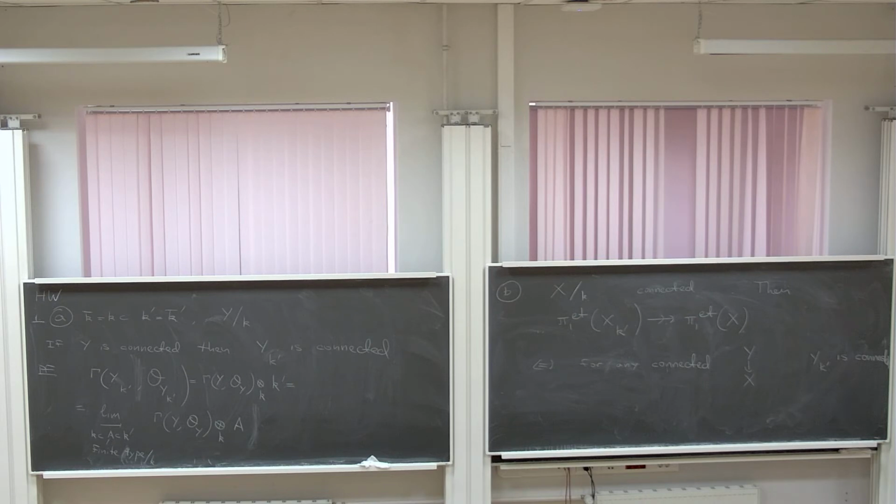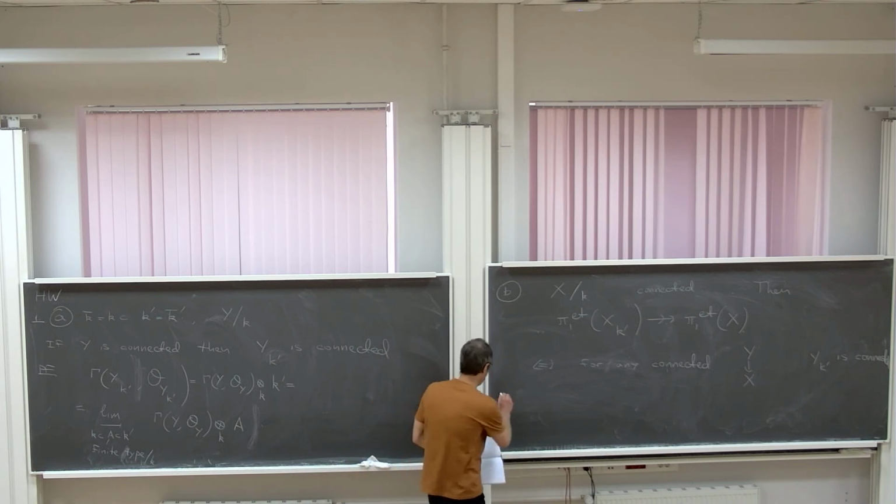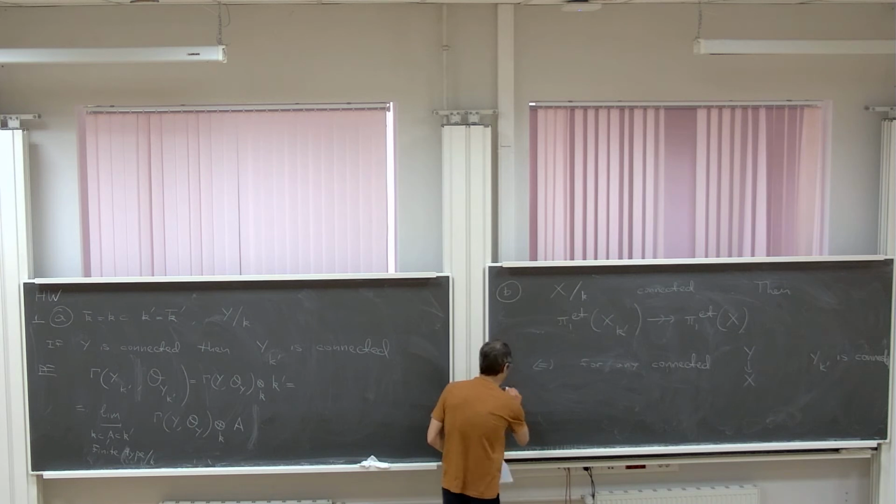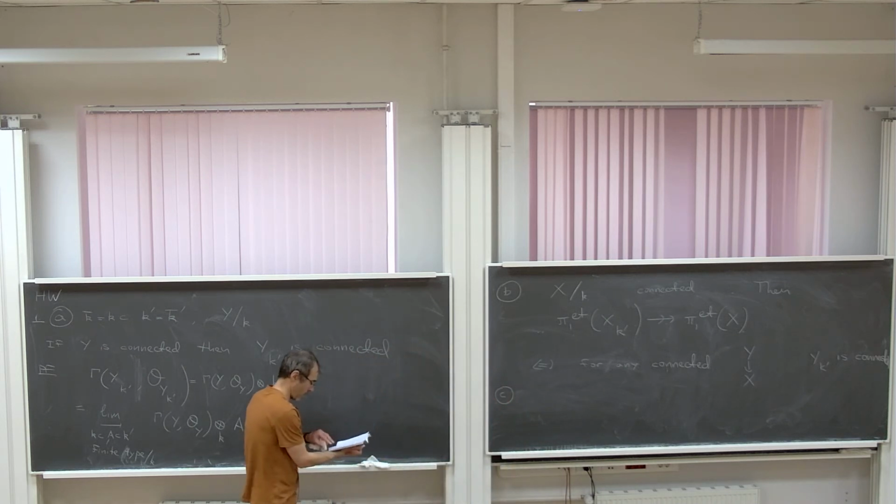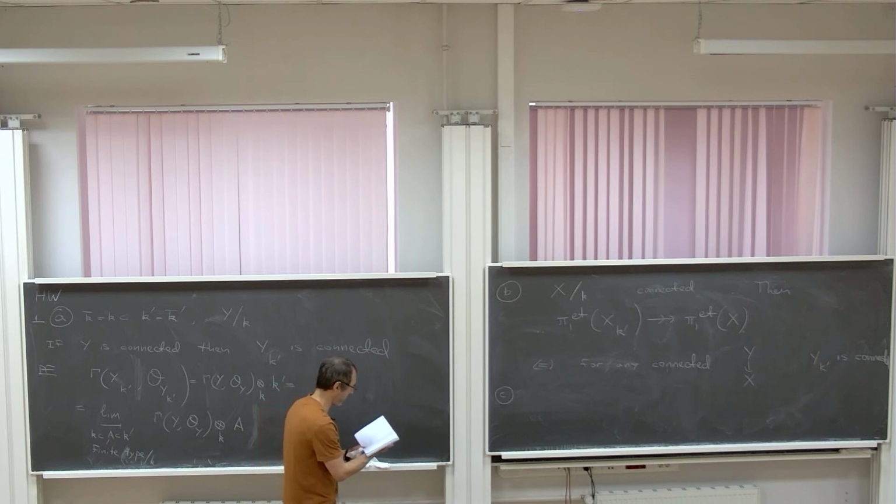So and then once we have this, B follows from A immediately. Okay? Good. So now C. So I want to prove half of part B of the theorem.